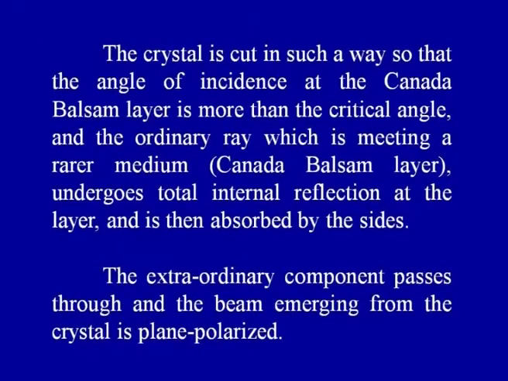So, Canada balsam offers a rarer medium for the ordinary ray. The crystal is cut in such a way that the angle of incidence at the Canada balsam layer is more than the critical angle, and the ordinary ray, which is meeting a rarer medium, the Canada balsam layer, undergoes total internal reflection at the layer and is then absorbed by the sides of the crystal.